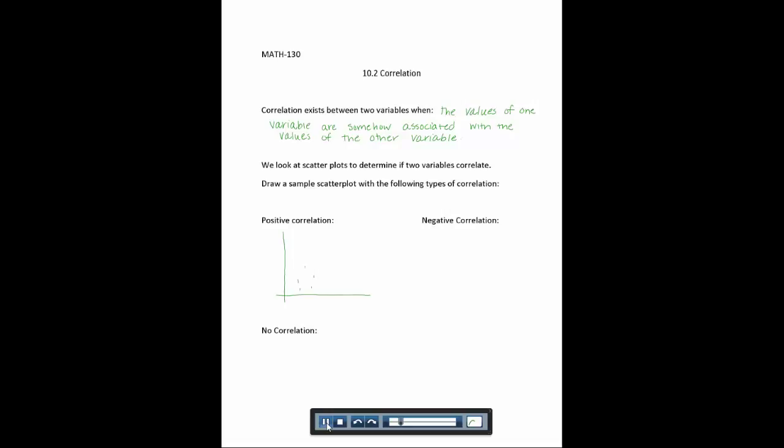So from left to right, they would go up, and they would about all fall in the same line. A negative correlation would mean that they would look like a line that has a negative slope. So from left to right, they would go down. And no correlation would be as if they were just all over the place. It didn't look like a line at all.